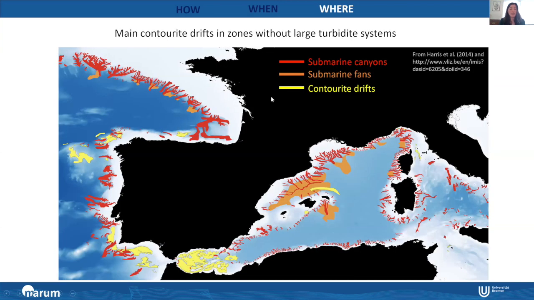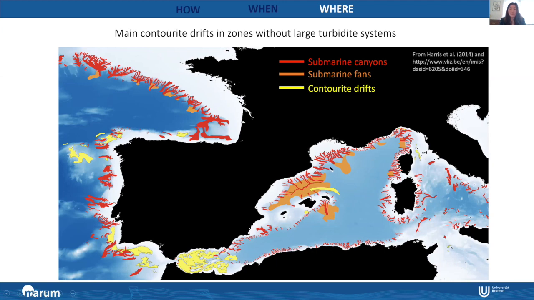So that you can visualize that a bit better, I've chosen this area of southwestern Europe and northern Africa, where you can see in red all the canyons, and then in orange the main submarine fans, and in yellow the main contourite drifts.